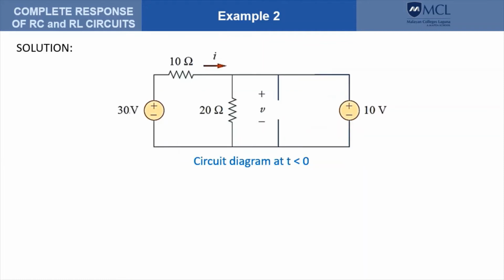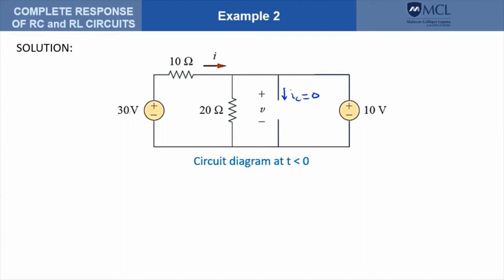This is our circuit diagram before the switch is open. Since the circuit is at steady state, we draw the capacitor like an open circuit. So the current through the capacitor is 0 at steady state.